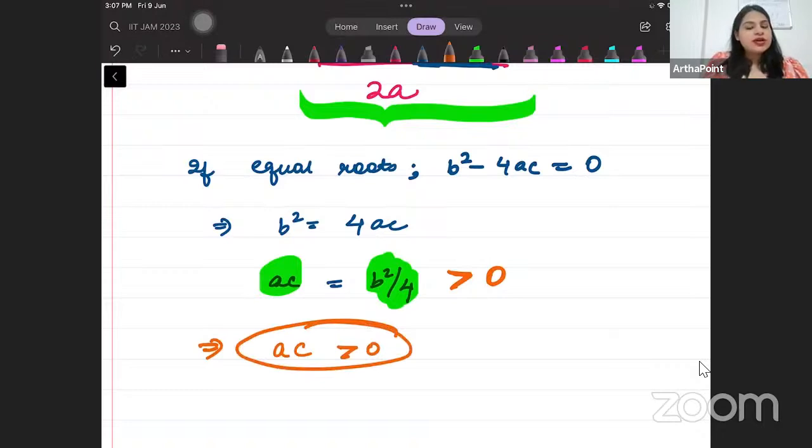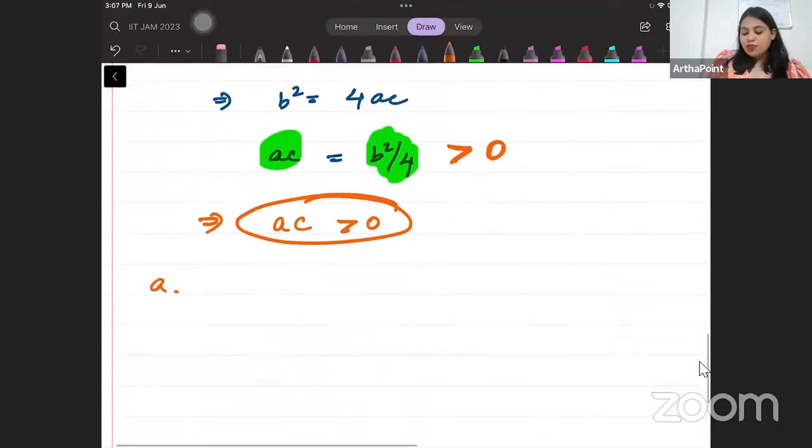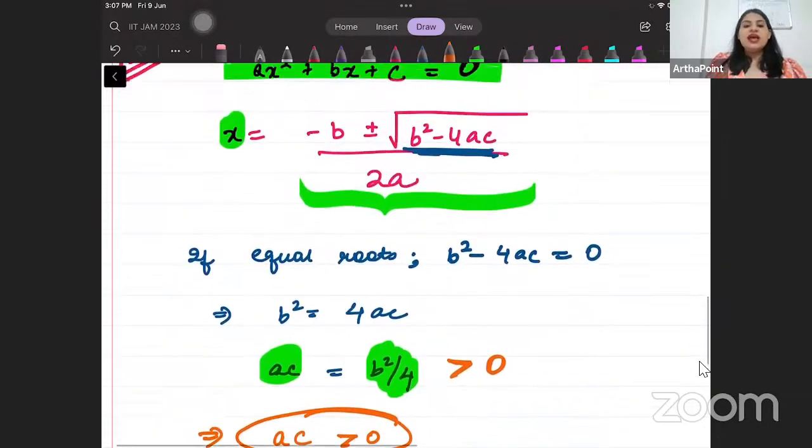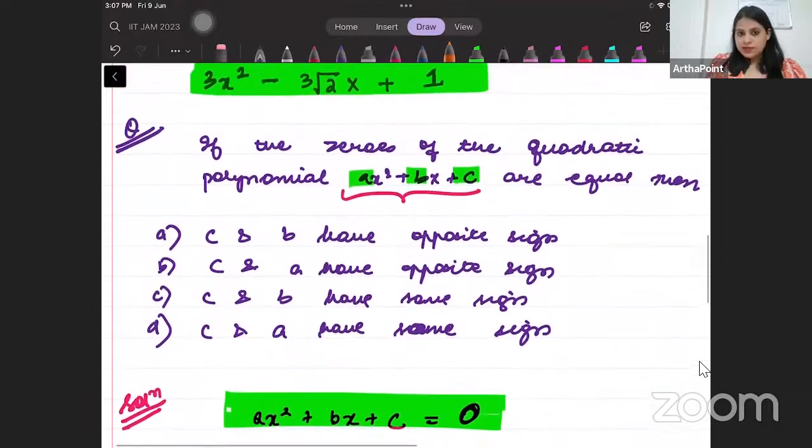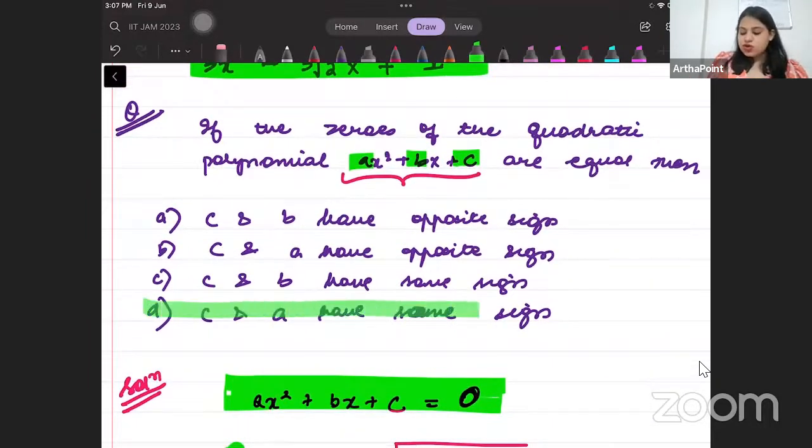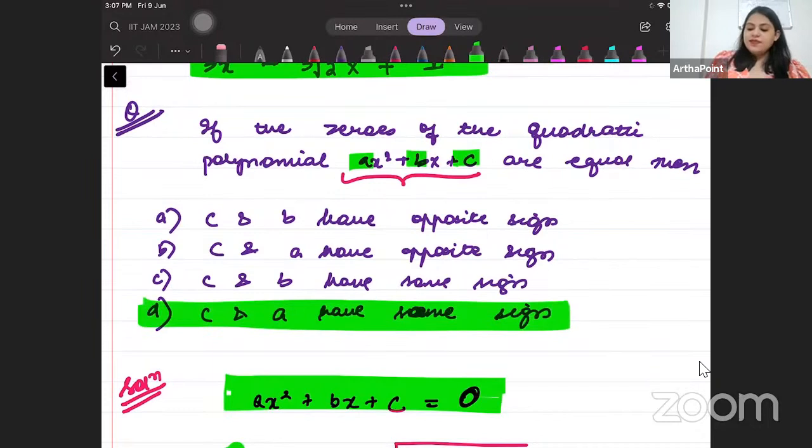But when is the product greater than 0? When either both A and C are positive or both A and C are negative. So that means A and C should have the same sign. So answer to this question is D, that A and C will have the same sign. That is the answer to this question.